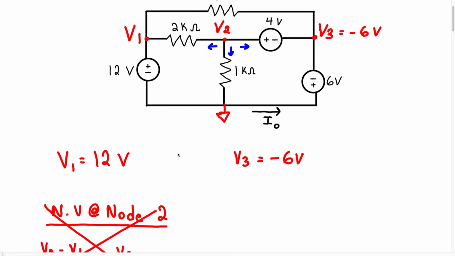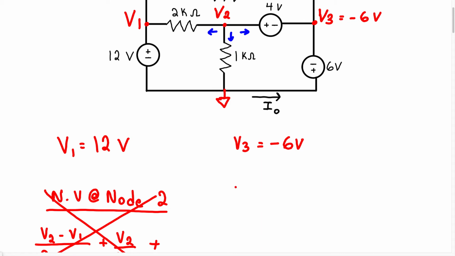So what we can do is say the voltage at node 2 is going to equal, well, when you look this way, there is no resistor, so we have positive 4 volts minus 6. When you solve for this, V2 must equal negative 2 volts.